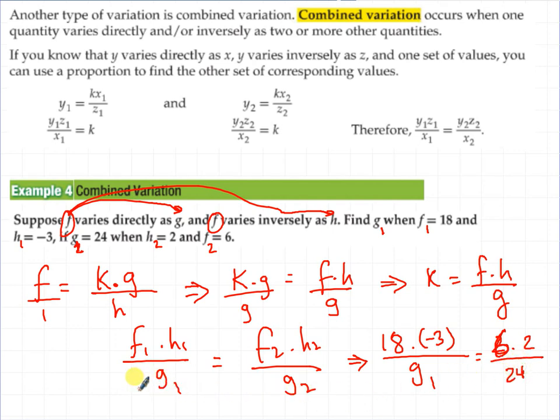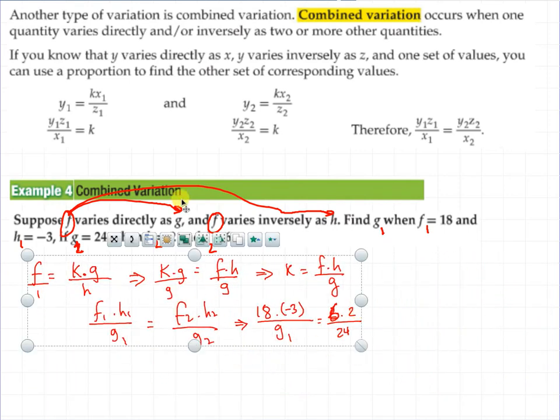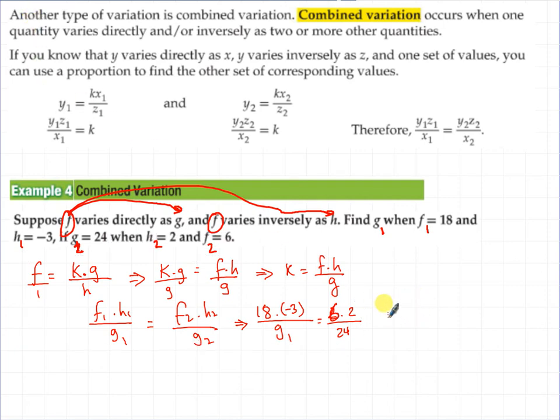Let me just make this a little bit smaller to continue on the same page. So from here I would continue over here. 18 times minus 3 is minus 54 over g1 equals 6 times 2 is 12 over 24.